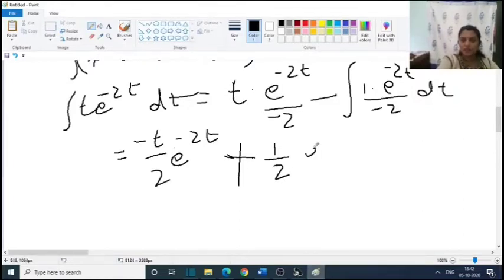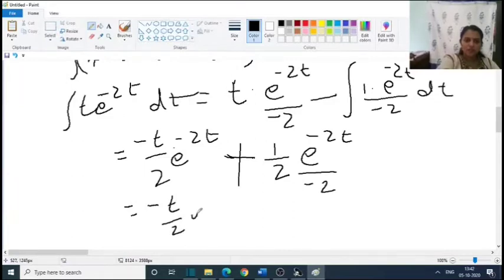Integral of e raised to minus 2t is e raised to minus 2t by minus 2. So this is equal to minus t by 2 e raised to minus 2t minus 1 by 4 e raised to minus 2t.